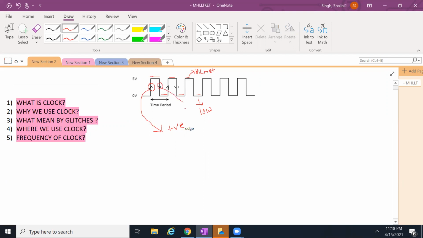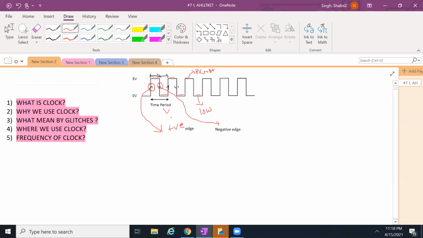Okay, and this one represents the negative edge of the clock. Okay, next, the active high level and the low level, both together we call the time period.